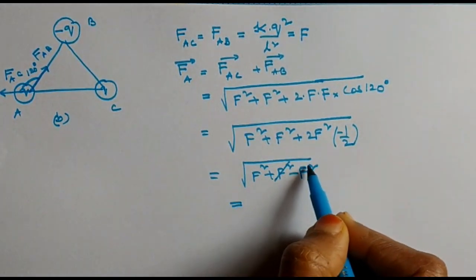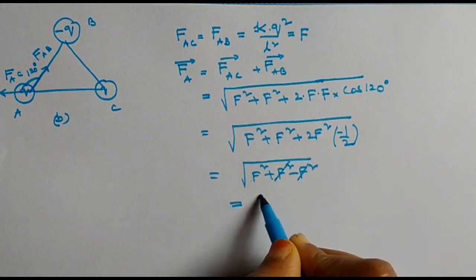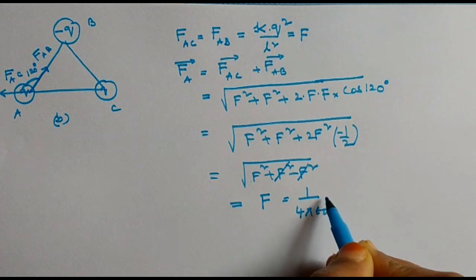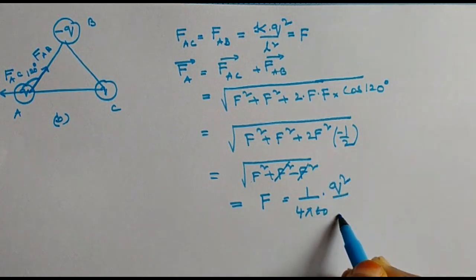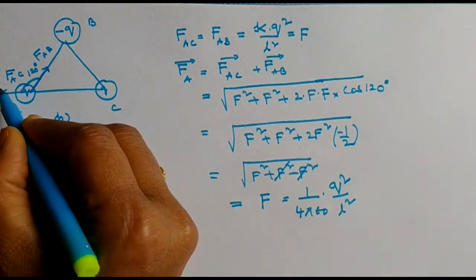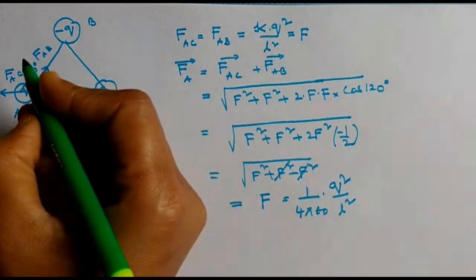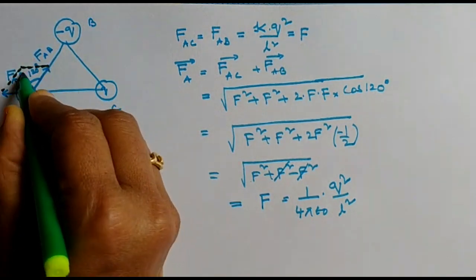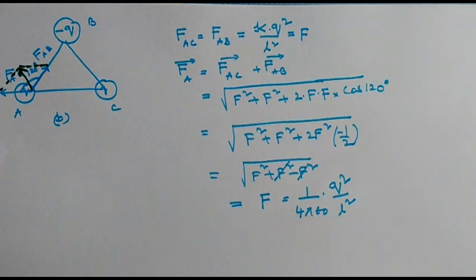That's nothing but root of F square, which is F. Now substitute the value of F. K is 1 by 4 pi epsilon naught, so F is q square divided by L square. And regarding the direction, we need to complete this parallelogram because both the forces are of equal magnitude. This gives the resultant direction.